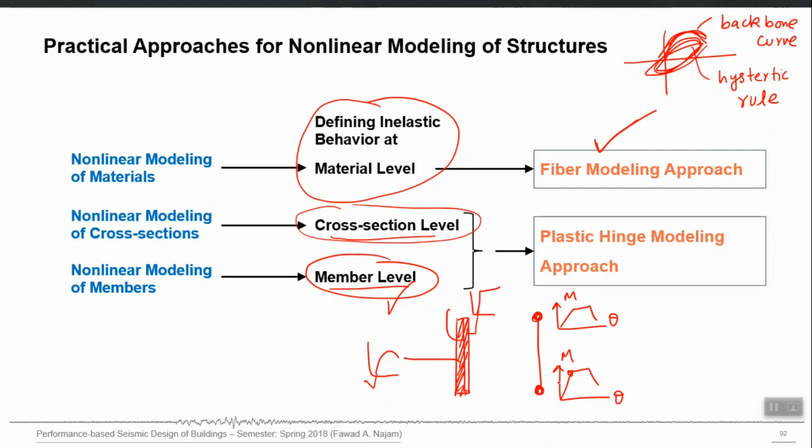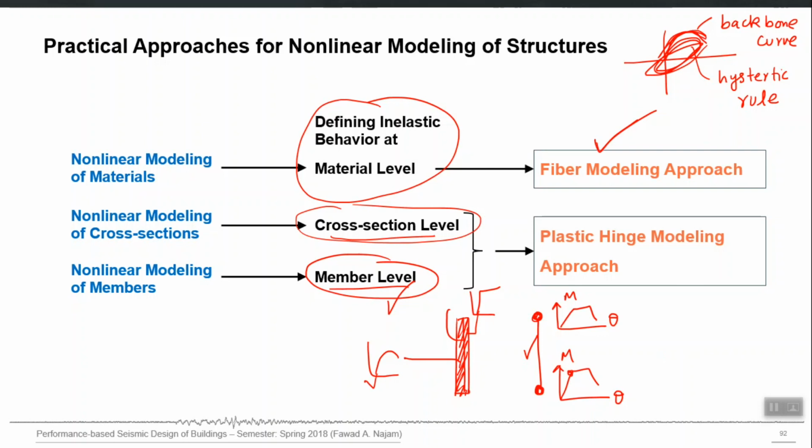But in the second approach, this one, the plastic hinge approach, there will be an elastic element in between, and the inelasticity is lumped or assumed only at two ends, and at those two ends there is a direct lumped behavior, moment versus rotation, which implicitly accounts.